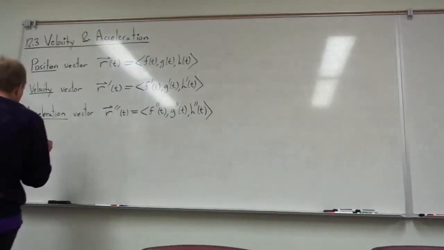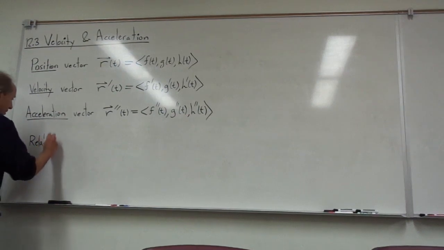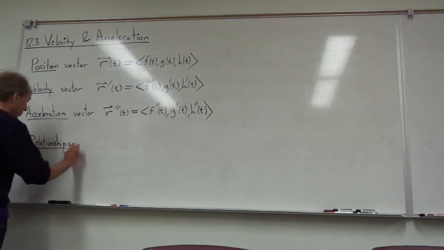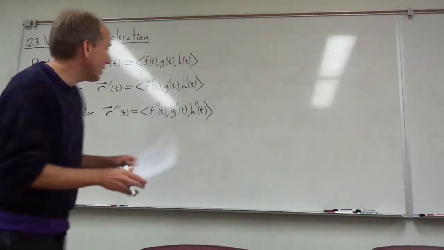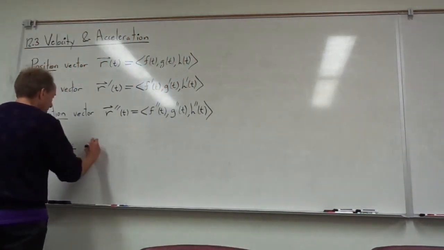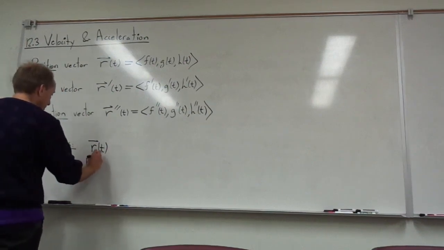So just to have a little diagram summarizing these relationships, I can draw a little picture. I don't even know if you need this picture to understand this, but for me, sometimes I like to have a visual. So here's r of t, which, as I said, is the position.